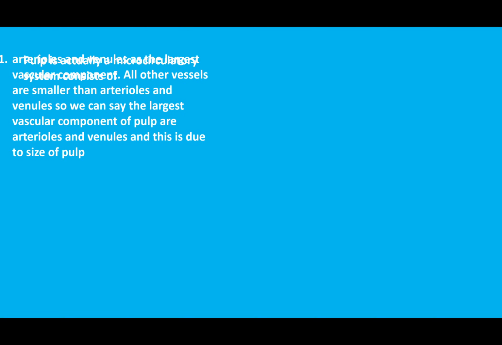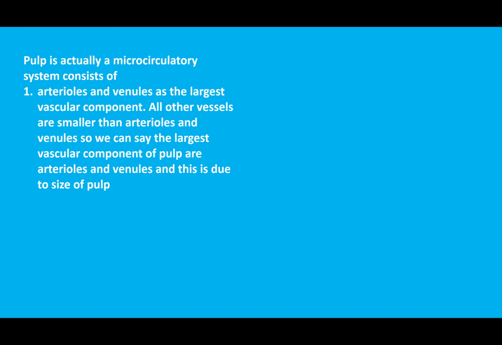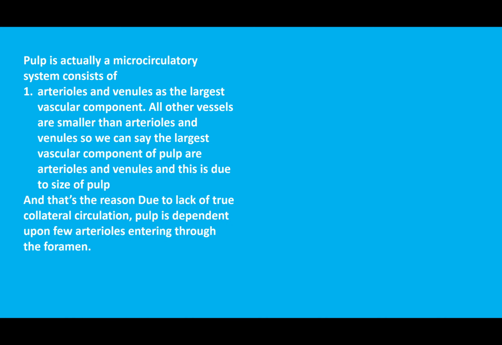Pulp is actually a microcirculatory system of arterioles and venules as the largest vascular components. Because all other vessels are smaller than arterioles and venules, we can say that the largest vascular components of pulp are arterioles and venules, and this is due to the size of the pulp.